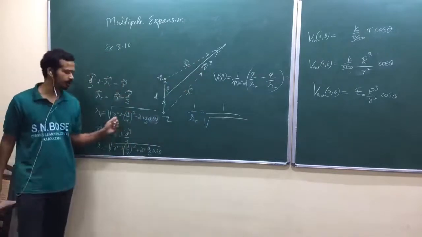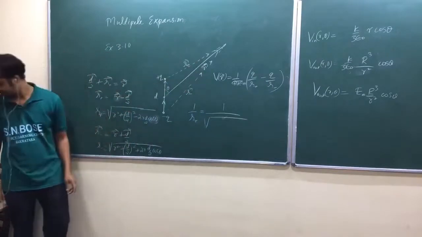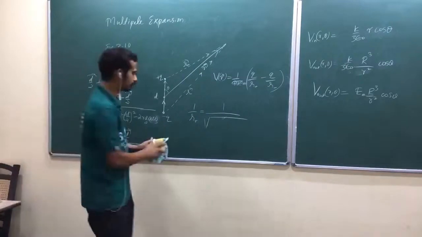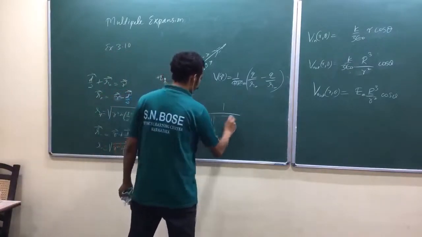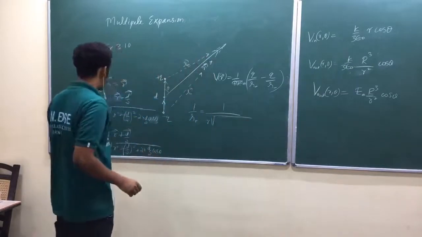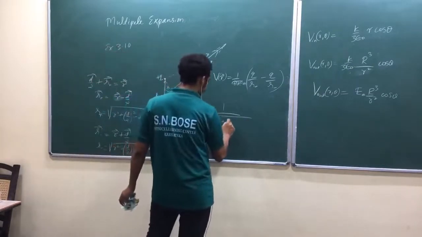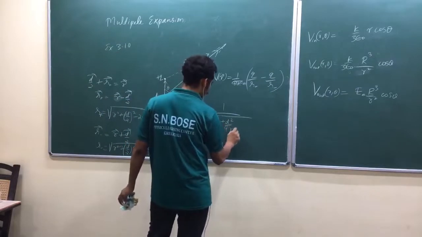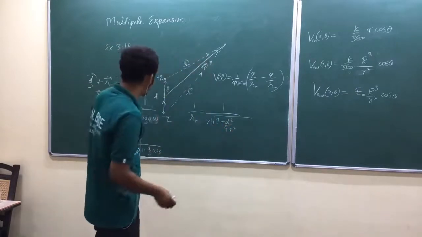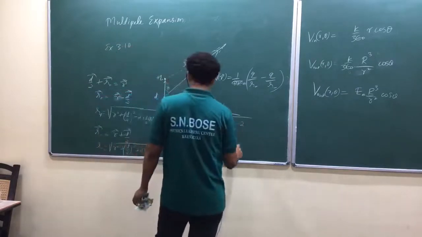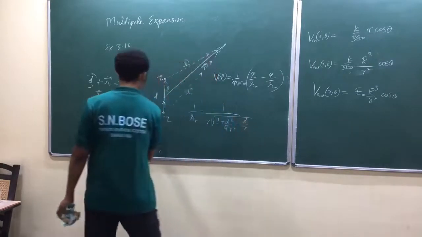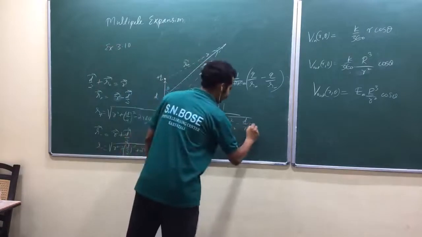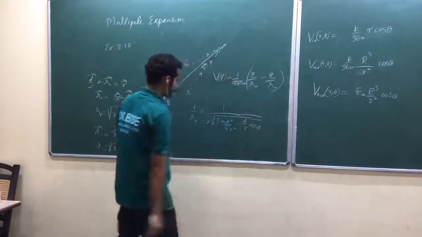What I do here is I am going to take r square common. So under the root, r comes outside. So 1 plus d square by 4r square, since r square is taken common, minus 2, again 2 got cancelled, d by r will be there because the denominator r square will come, cos theta.